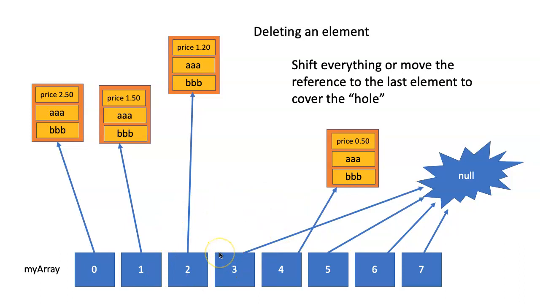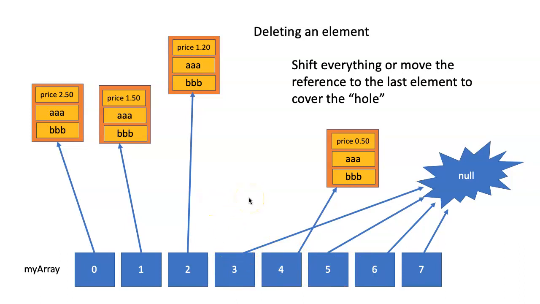So there is two things that you can do. If your elements, by definition, are sorted, which may not be for this assignment, right? If they are sorted, then you have no other way to do it but shifting everything to your left, so to cover the hole. So anything that is in these positions, you're just going to shift one to the left. That's one thing.